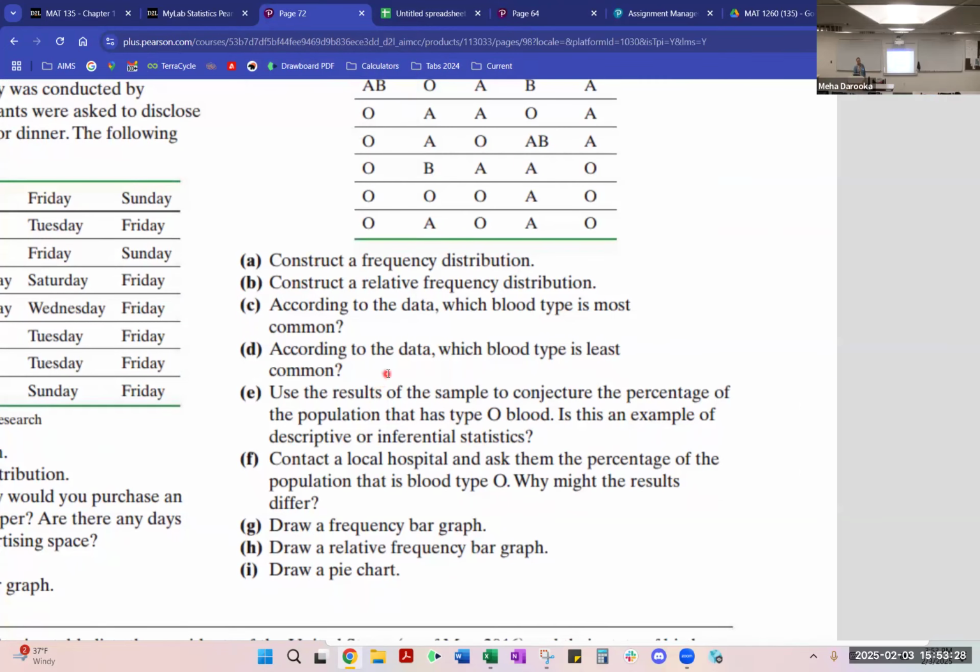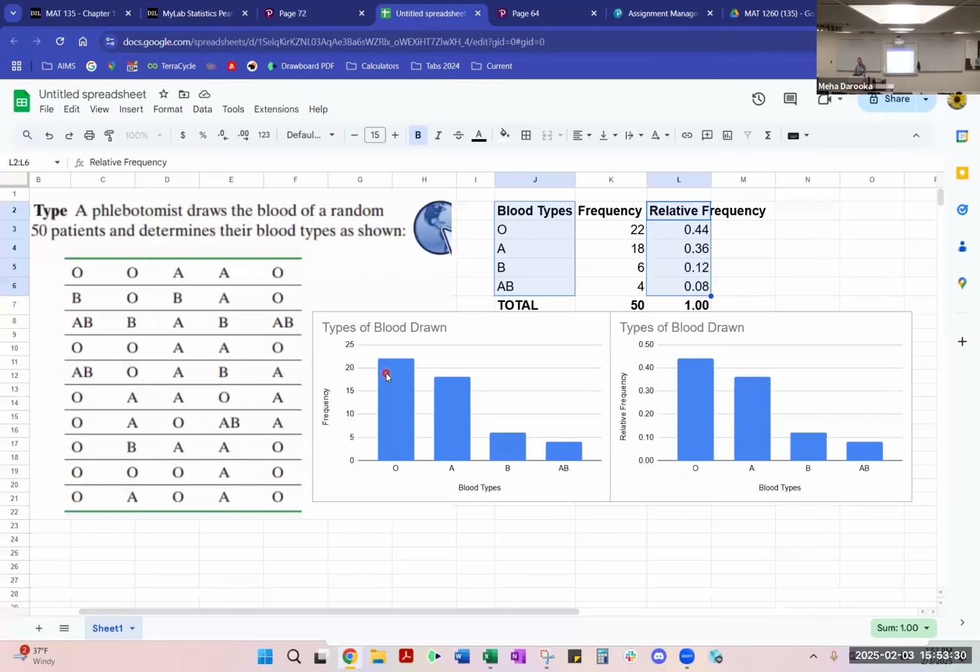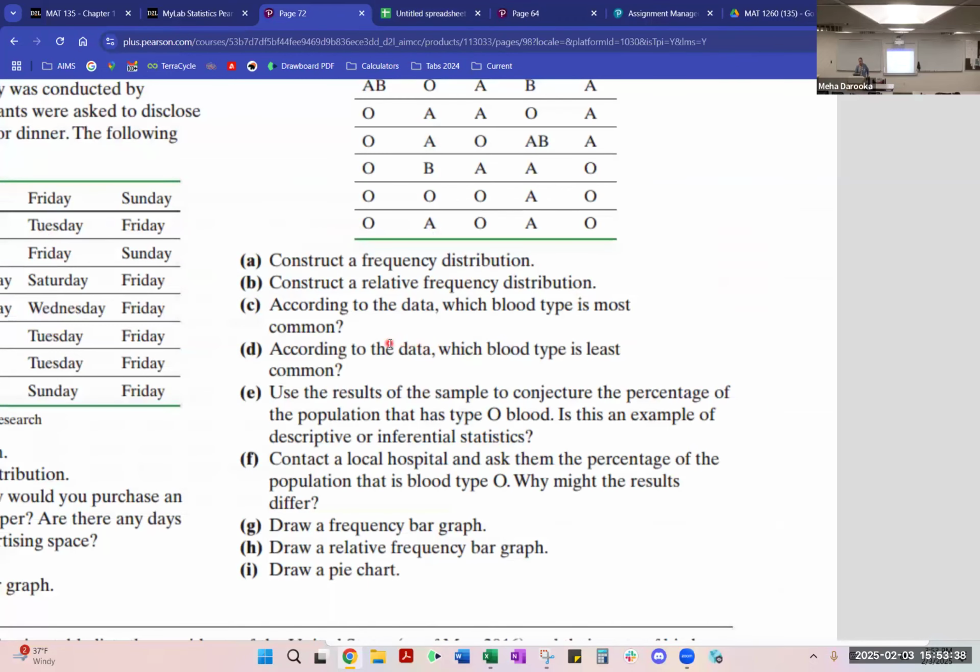Then the next example was which blood type was the least common? And you've already kind of talked about this, that would be blood type AB because that had the least number of patients in there. Now, option E is asking us, use the results of the sample to conjecture the percentage of the population that has type O blood.